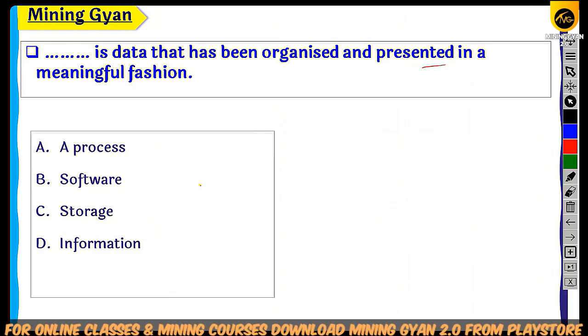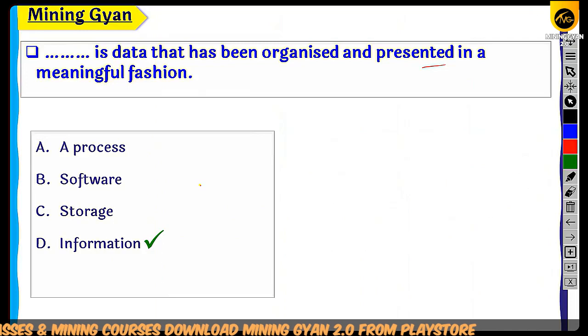So basically the data will be converted into a meaningful message or meaningful instruction, or you can say a meaningful result. Option D is the correct answer. Information is the data that has been organized and presented in a meaningful fashion.